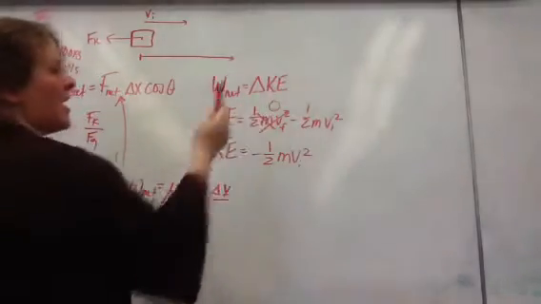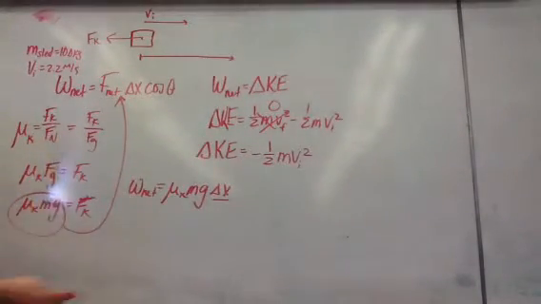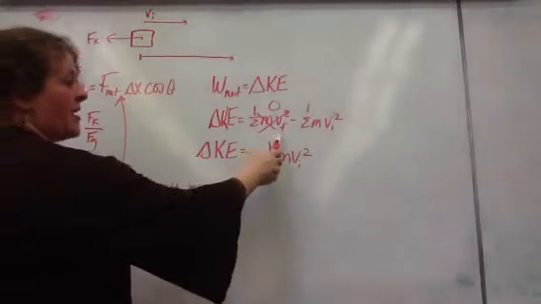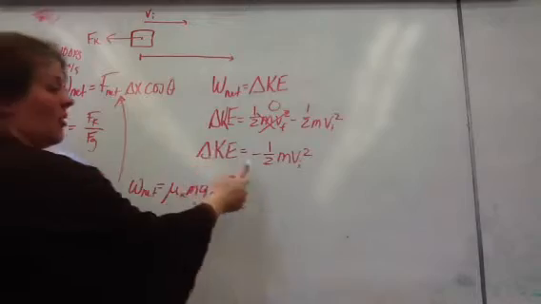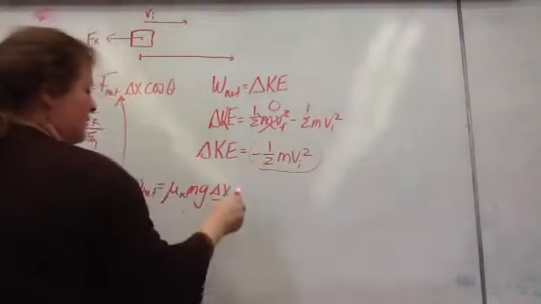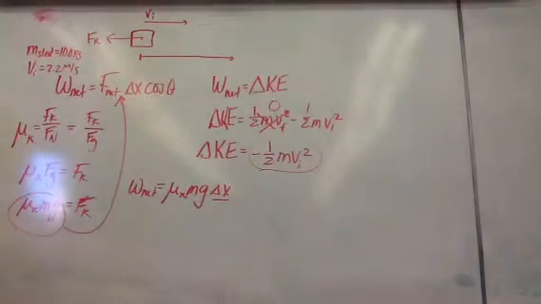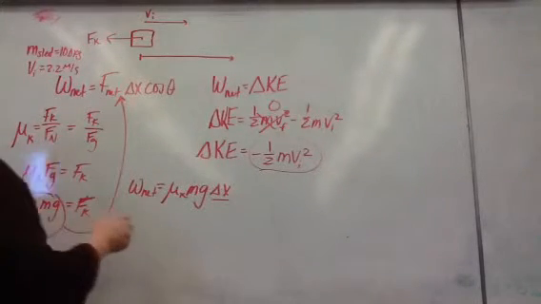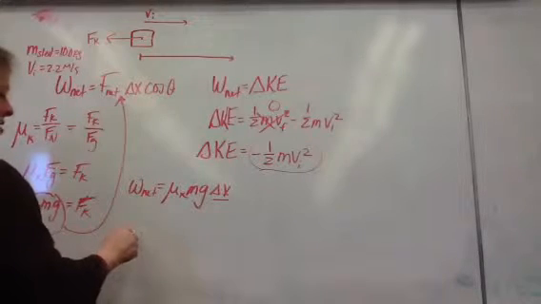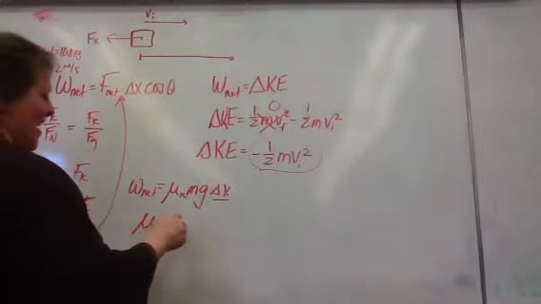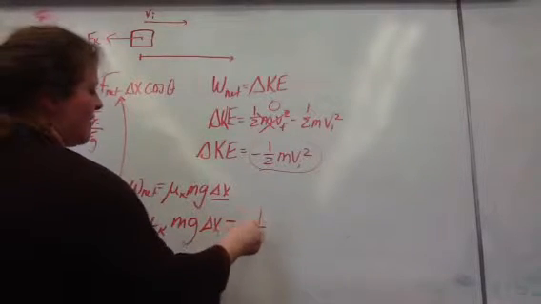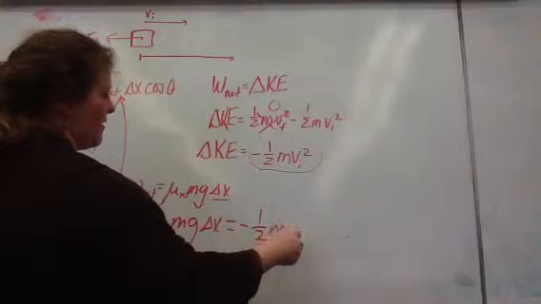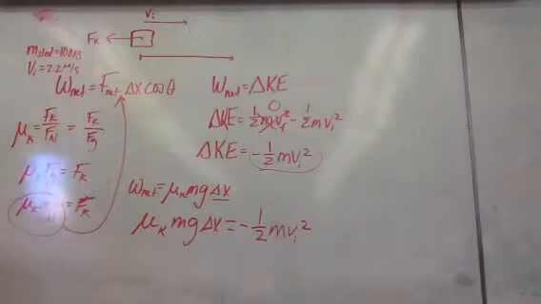Net work is equal to the change in kinetic energy. The change in kinetic energy is equal to the final kinetic energy minus the initial kinetic energy. The final kinetic energy was 0. So that is equal to the net work. It's okay. Your head will stop hurting soon. Once the numbness sets in. So now we have mu k mg delta x equals negative 1/2 m vi squared.